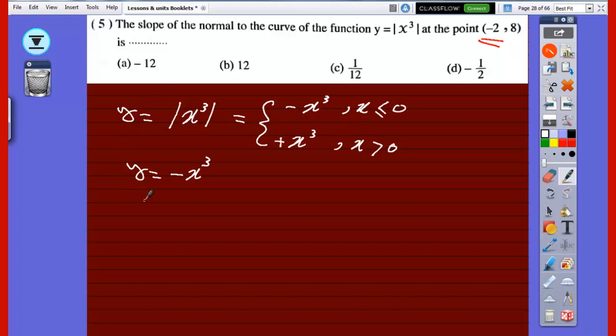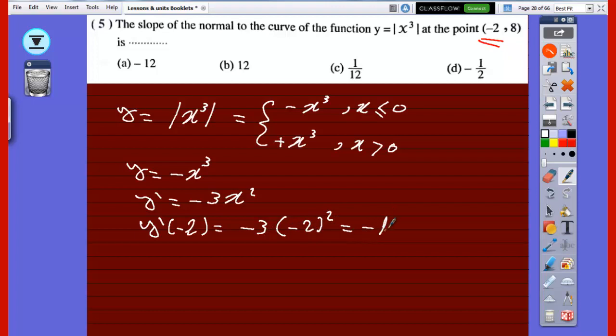And now we will calculate the slope of the tangent. It is y dash equals negative 3x squared. At the point (negative 2, 8), y dash of negative 2 equals negative 3 multiplied by negative 2 squared, which equals negative 12, as negative 2 squared equals 4 multiplied by negative 3 equals negative 12.